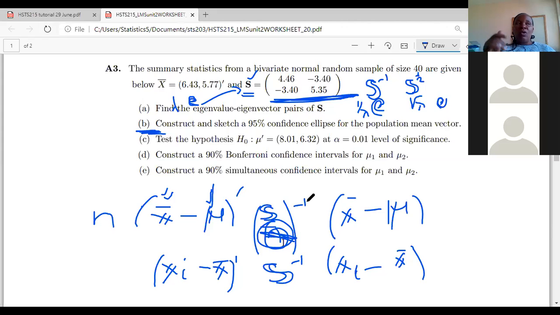When you divide by a fraction, you invert and multiply, so it becomes n. It's easier to use it in this form. In the distances we use this form, but in these questions we use this form, and we are dealing with x bar, so we do not go back.